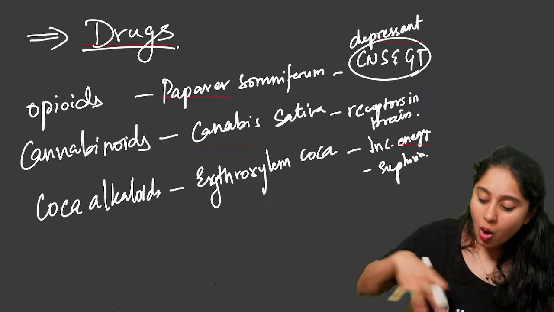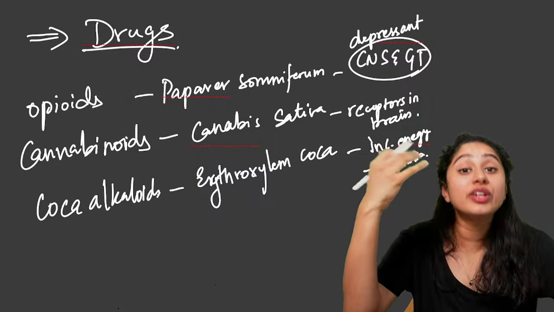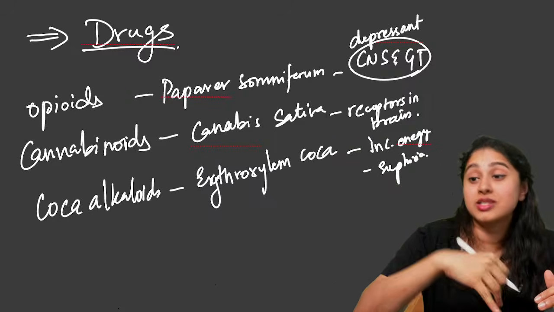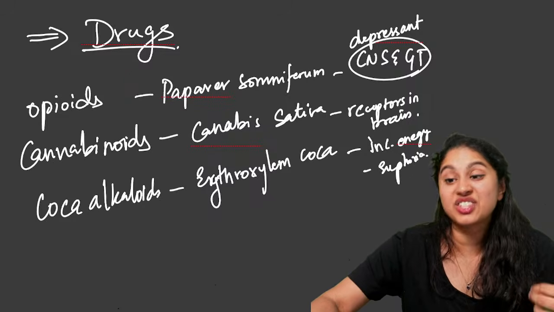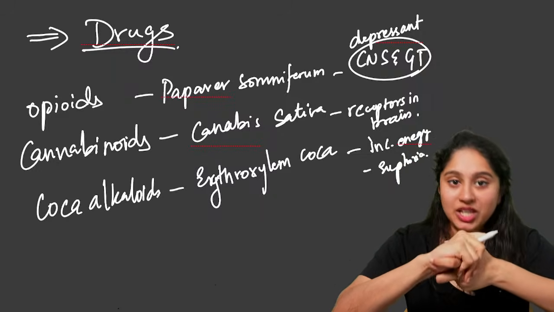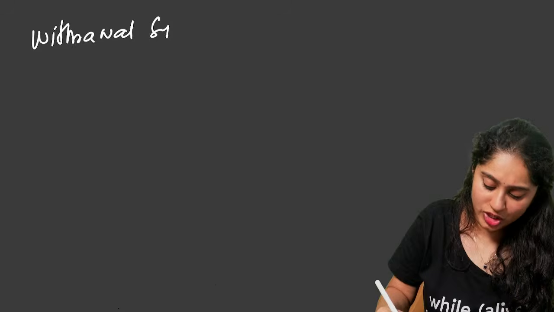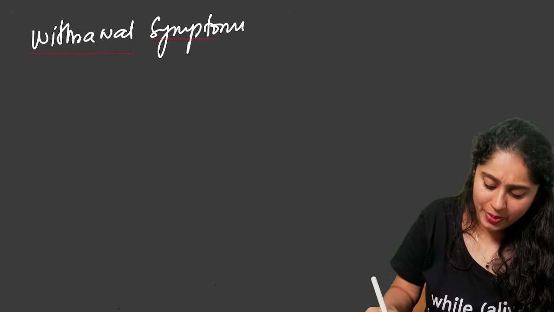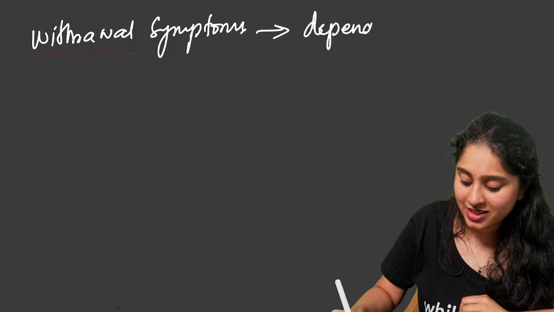Now all of these drugs are temporary, but when they are overused, they can cause hallucinations, they can cause coma also in very extreme conditions. What happens is your body gets into situations like withdrawal symptoms, which is when suddenly you want to stop it, your body does not want to, because it has created a dependency on this drug.